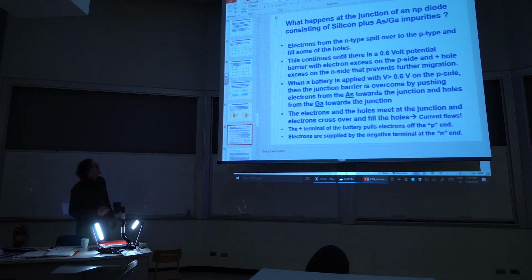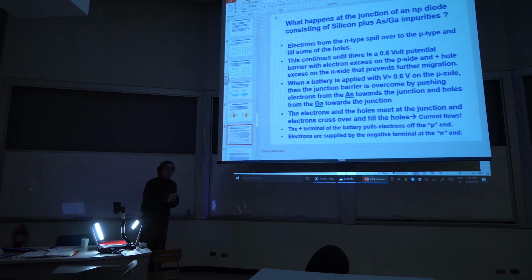This continues until there is approximately a 0.6 volt potential barrier at the junction, with electron excess on the p side and positive hole excess on the n side, that prevents further migration.